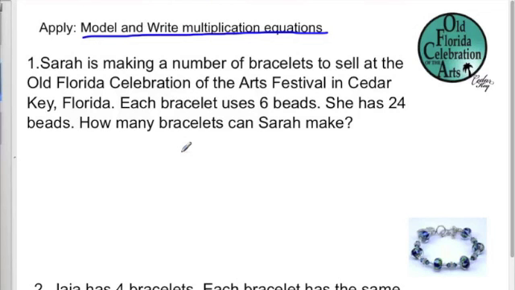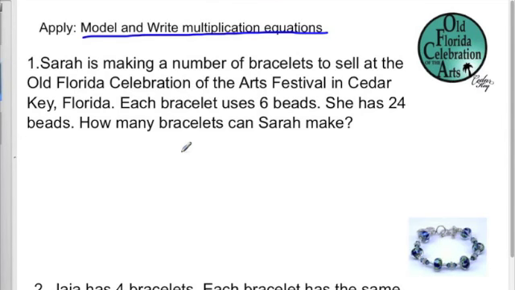I need to think to myself, what is this problem even about? This problem is about Sarah making some bracelets to sell at a festival. So I need to next figure out what I need to keep in this problem. This problem is what I call a problem that has too much information, TMI.